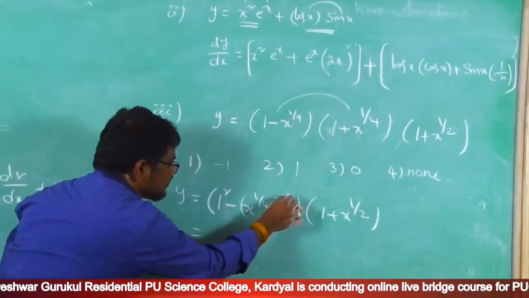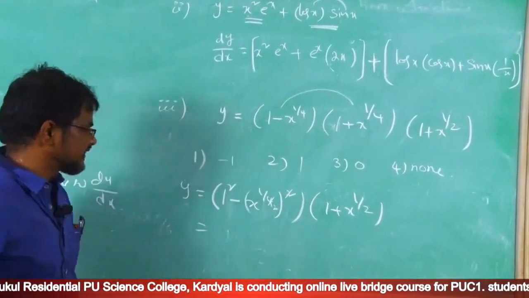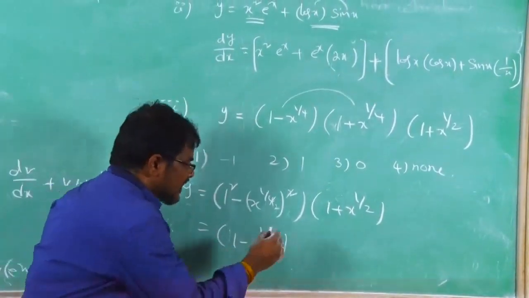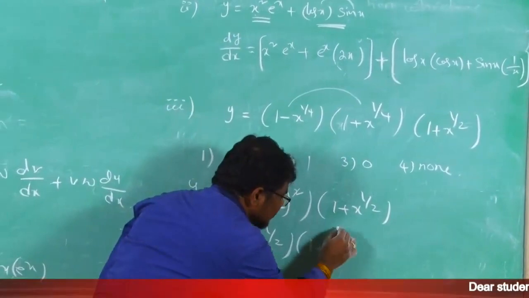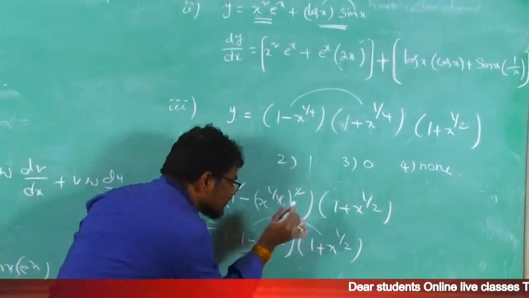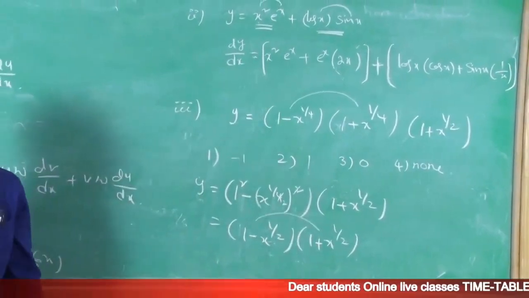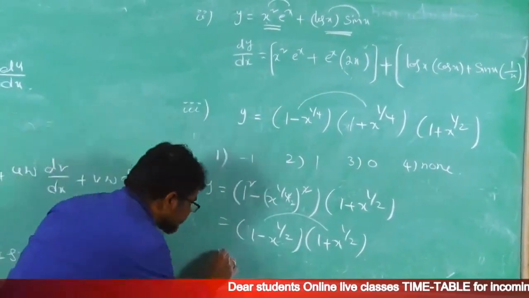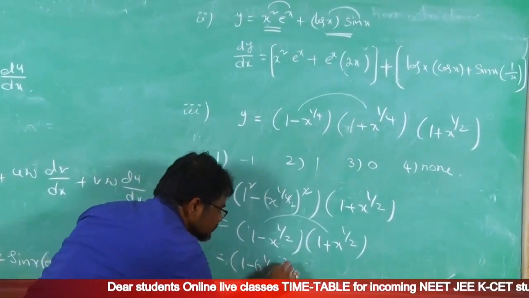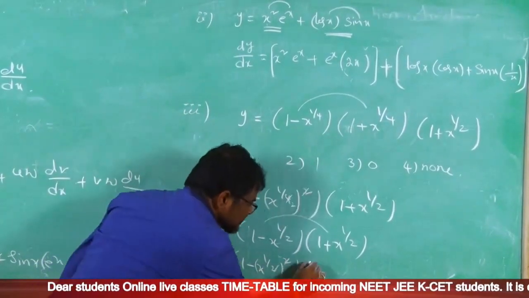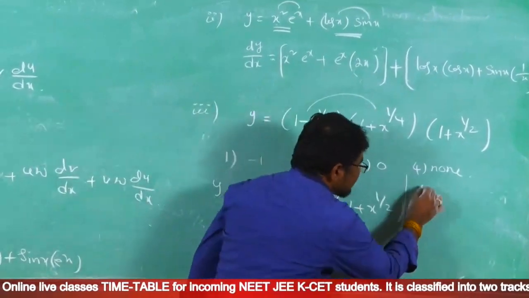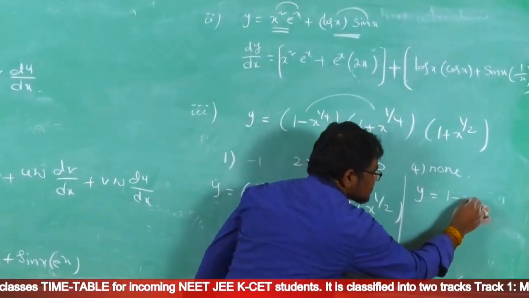Now here the 1 and 1 get cancelled. So 1 minus x to the power of 1 by 2 and 1 plus x to the power of 1 by 2 remain. Again, once you observe, it is in the form of a plus b into a minus b. Again applying that formula, 1 minus x to the power of 1 by 2 whole square, the 2 and 2 get cancelled. What remains is 1 minus x. Now y equals 1 minus x only.